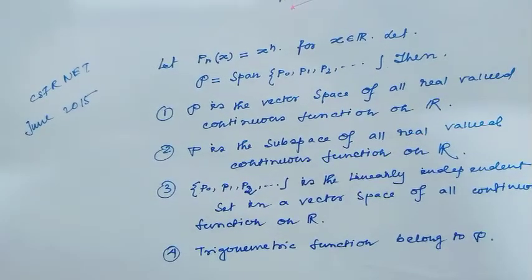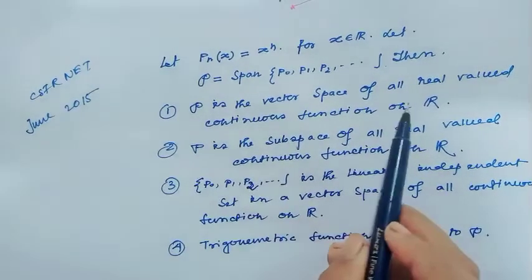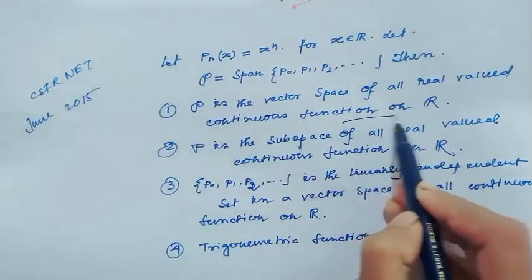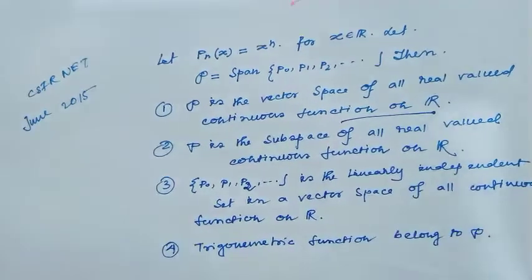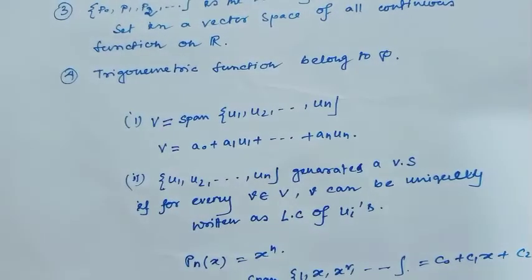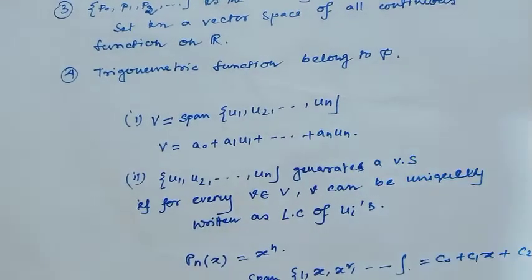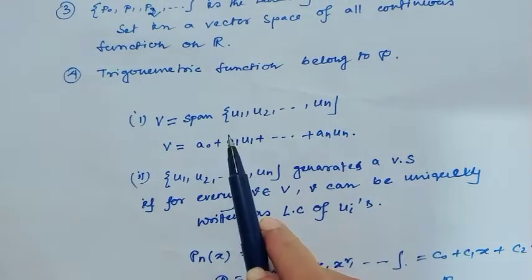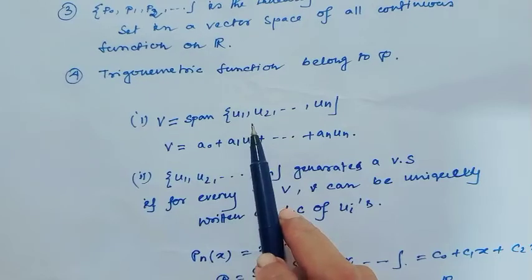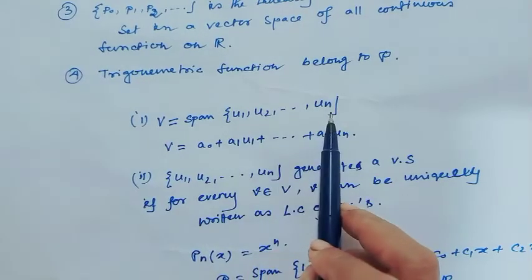Just see again. Here, the first option: P is a vector space of all continuous functions on R. I told you a spanning set is always a vector space, but consider the vector space V equal to the span of the vectors u1, u2, un.